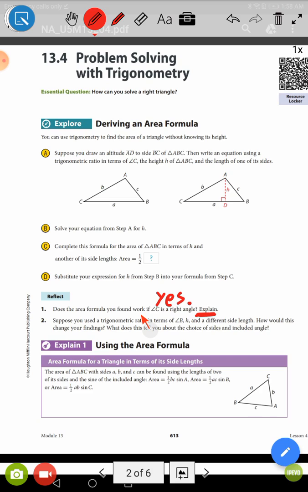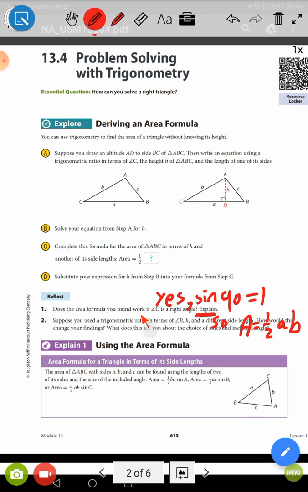Why? Because sine C will be sine 90 degrees, which equals 1. So the area will be half a multiplied by b. In that case, a will be the base and b will be the height.